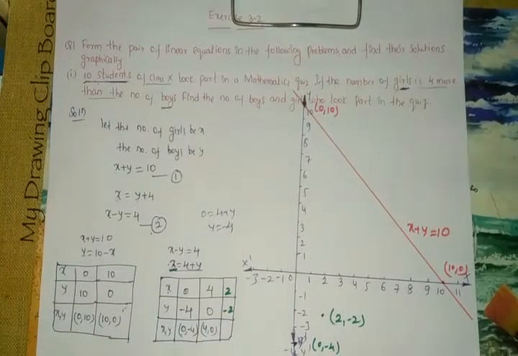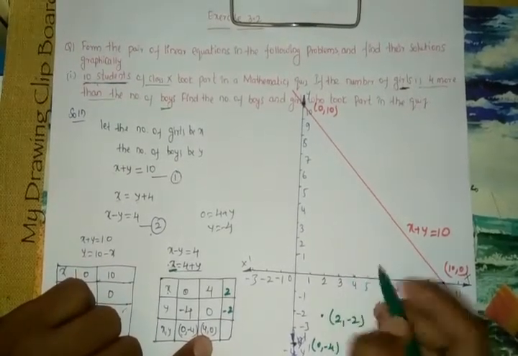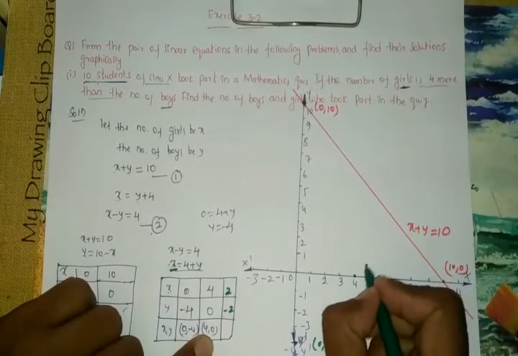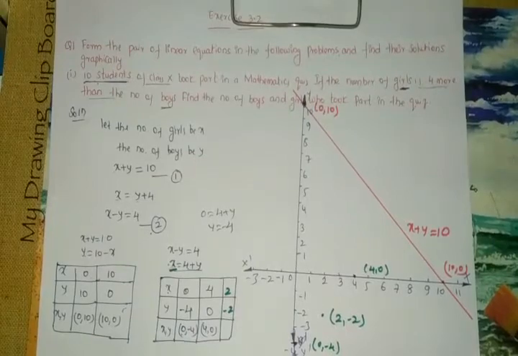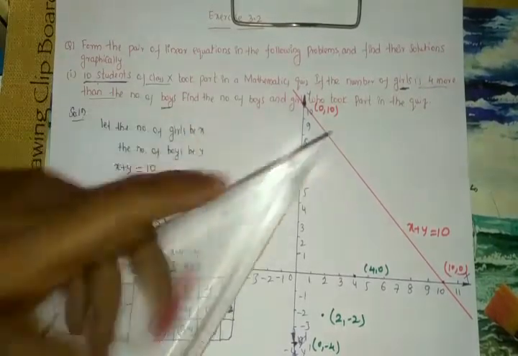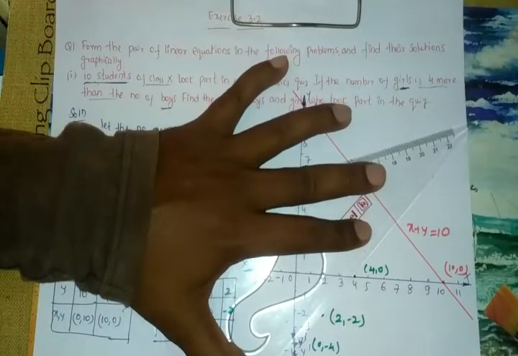Now I have one more point, that is 4 comma 0. Here x is 4, y is 0. Let me draw a line by joining the points.